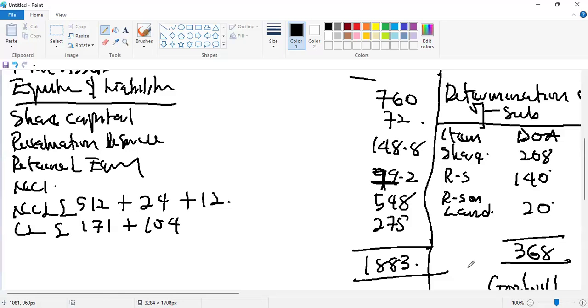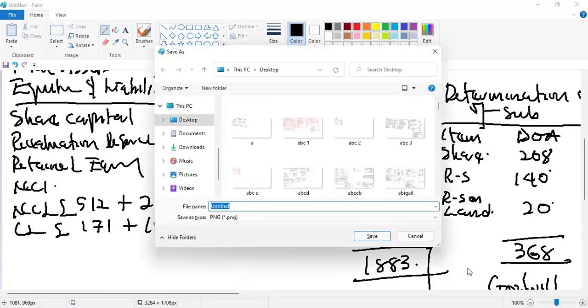Let me send this to you. The only thing I see, not the only thing, but the way you treated this defined benefit pension scheme, the difference between the present value of obligation and the fair value of the plan assets, I think it goes to OCI.